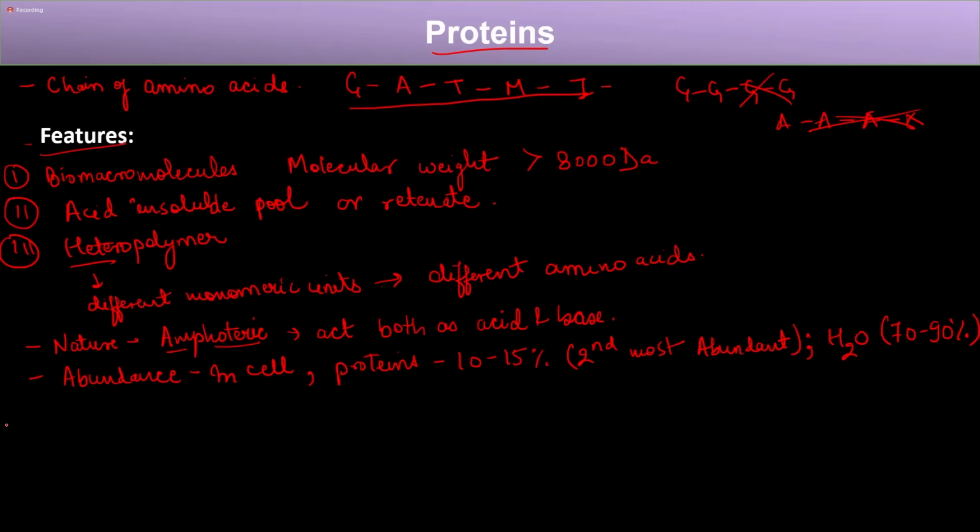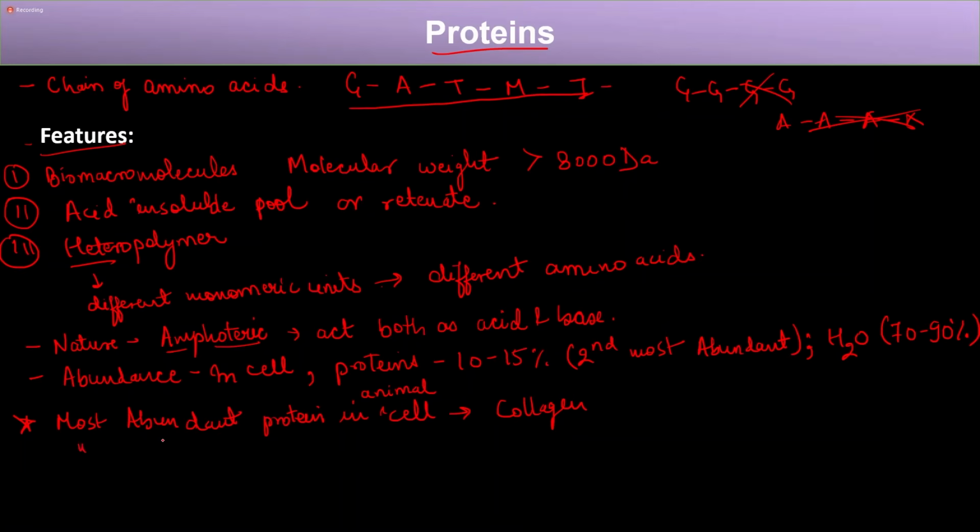Now, apart from this, there are two more things. If someone asks you the most abundant protein in a cell, the most abundant protein in the cell is collagen. And by cell, I mean animal cell. In animal cell, the most abundant protein is collagen.